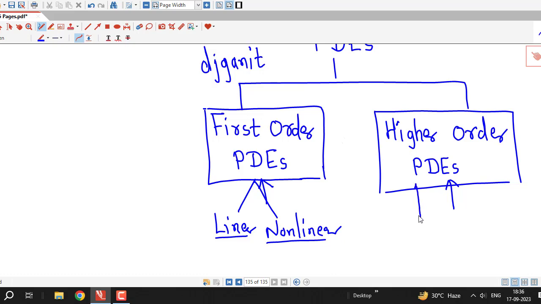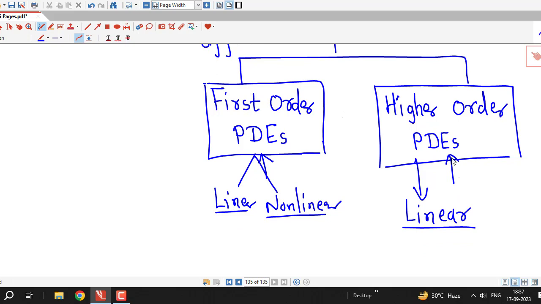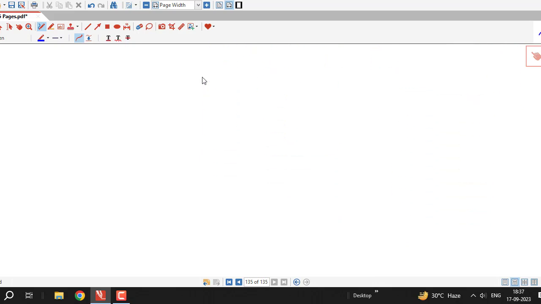But for higher order PDEs, we are going to discuss only linear partial differential equations, because non-linear partial differential equations of higher order are not easy to solve. We do not have analytical methods for solving non-linear PDEs of order greater than 1. So for higher order partial differential equations, our focus will be linear partial differential equations.